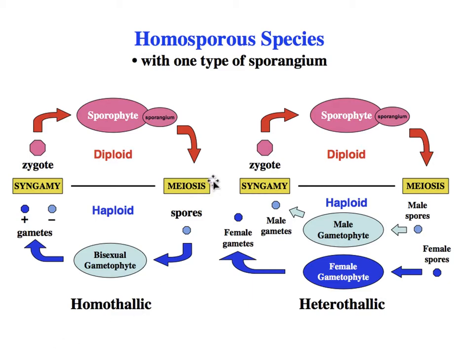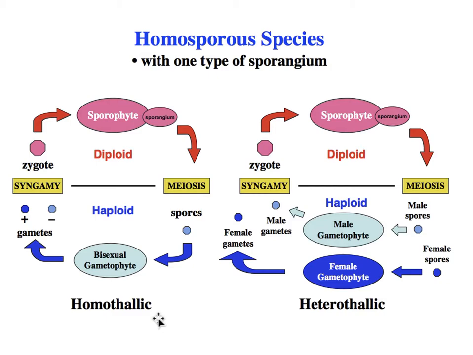So in this first cycle, we can see that the sporophyte generation has a sporangium, one single sporangium type, that produces spores by meiosis. And then one single spore type is produced that grows into a bisexual gametophyte. That is to say, one gametophyte that produces both sperm and eggs. So homothallic means we have one single gametophyte type. Homo means one, thallic means body.